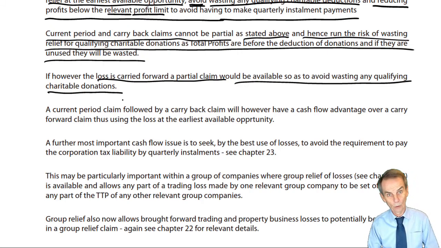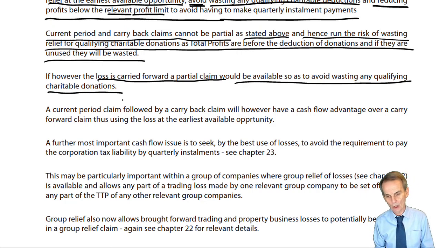On a carry forward claim, with our loss, we only have to use 90,000 of our 200,000 against the £100,000 worth of profit. On that basis, therefore, that still leaves £10,000.